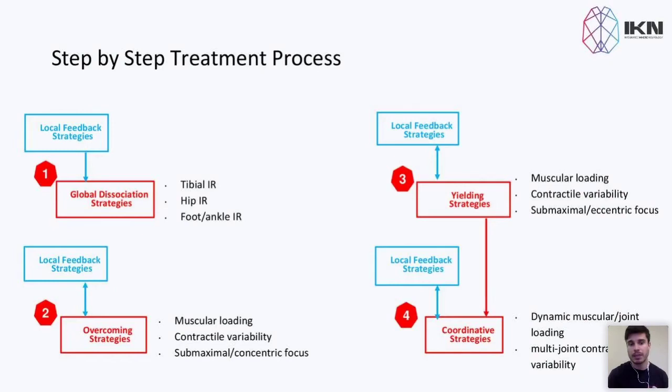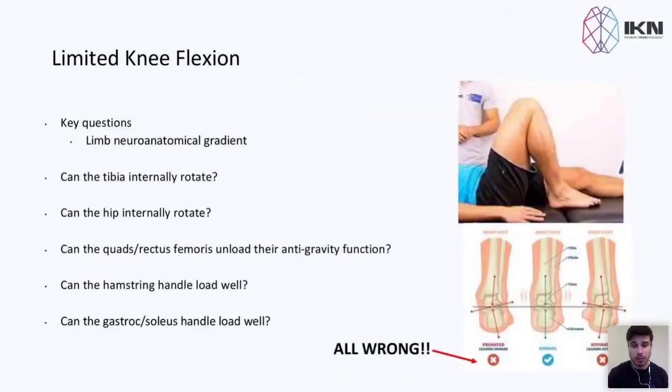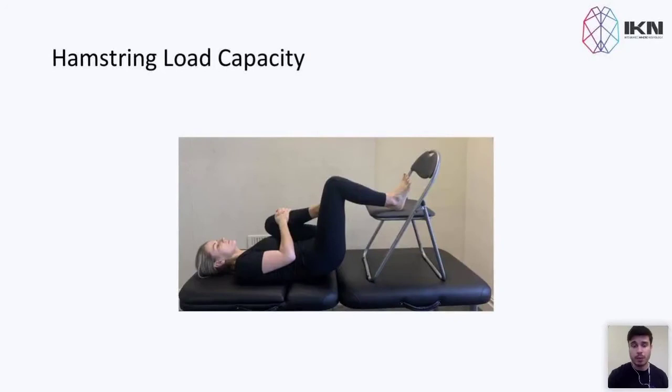So if a client has lack of tibial internal rotation, for example, one simple dissociation strategy, like this, if we ask the client to internally rotate their tibia in this scenario and have them build tension down through the medial portion of the heel and scoop the pelvis up, and have them work on that and experience tension through the hamstrings, making sure they can feel the hamstrings working hard, then that can restore the capacity of the tibia to internally rotate, while you're also getting the hamstrings to restore their isometric activity as well.